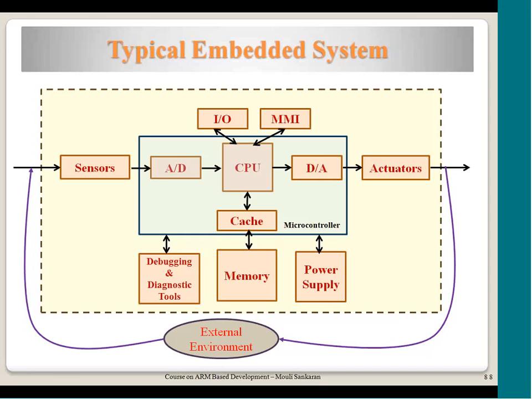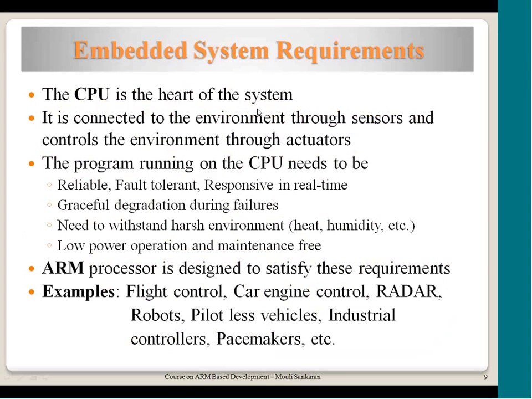That is very important. Now, some of the requirements for a CPU, which could be ARM: it should be able to read the sensors from the environment, and it should be able to actuate different relays or other control engines or motors, and it should be reliable and fault tolerant. This is very important.